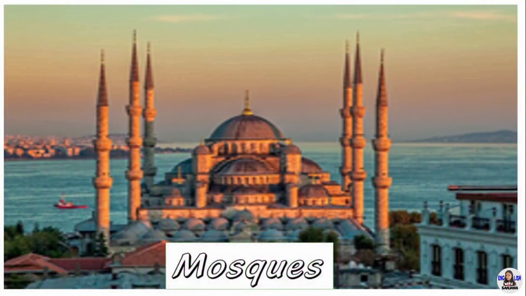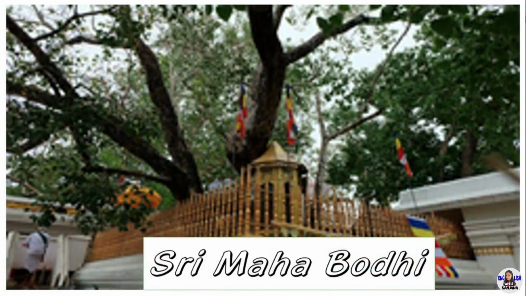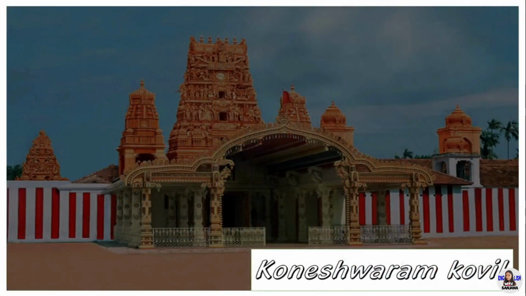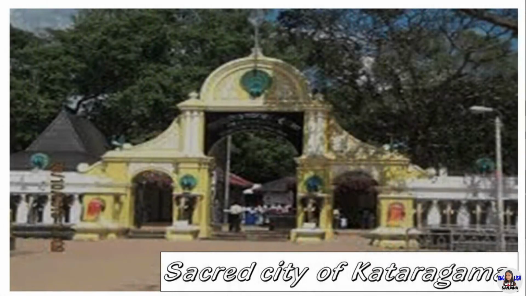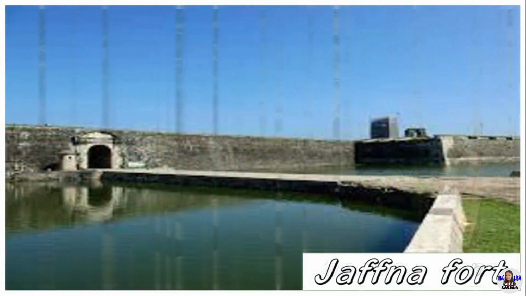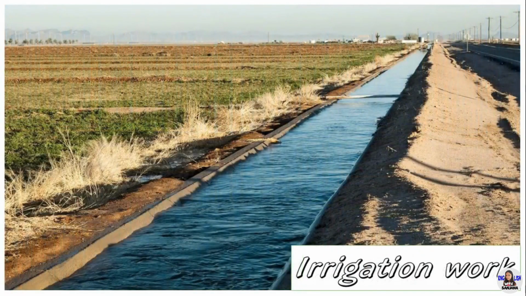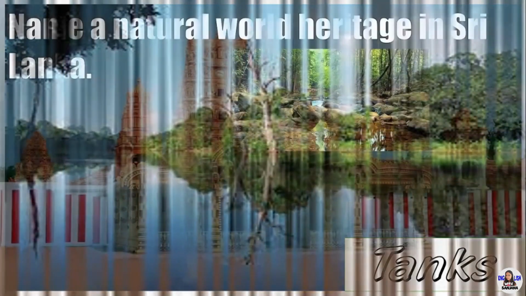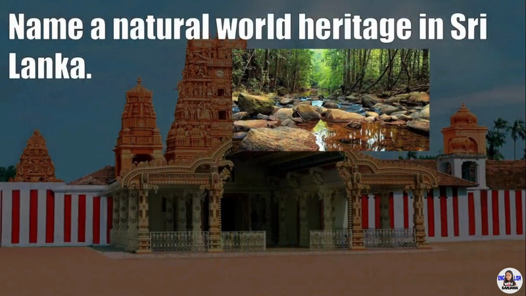Now I'm going to show you some pictures of religious centers and other creations. This is a picture of mosques. Next, Sri Mahabodhi, Koneshwaram Kovil, Sacred City of Kataragama, Sigiriya, Ranmasu Uyana, Jaffna Fort, irrigation work, tanks, and so on. Name a natural world heritage in Sri Lanka.